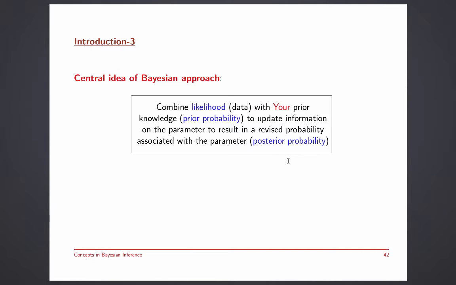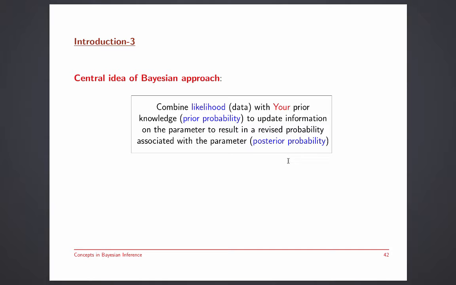From these examples, it's clear that very often we want to combine information from past experiments or prior knowledge with a current experiment. And this is accomplished in a Bayesian approach. Fundamental in this Bayesian analysis is the Bayes theorem.